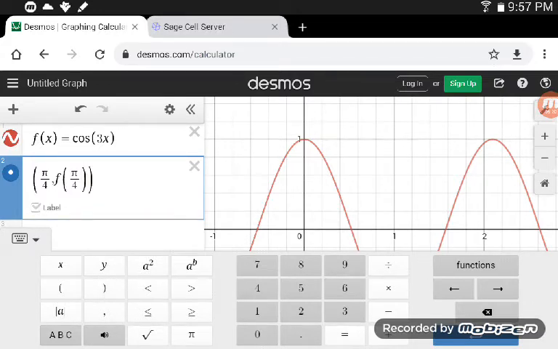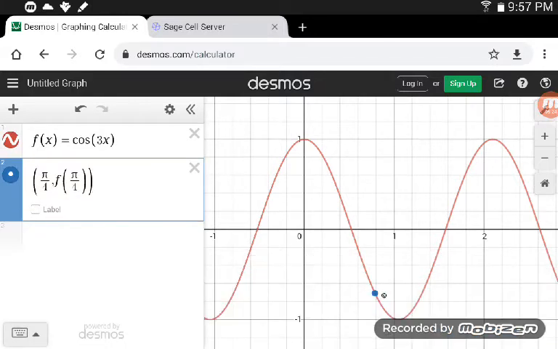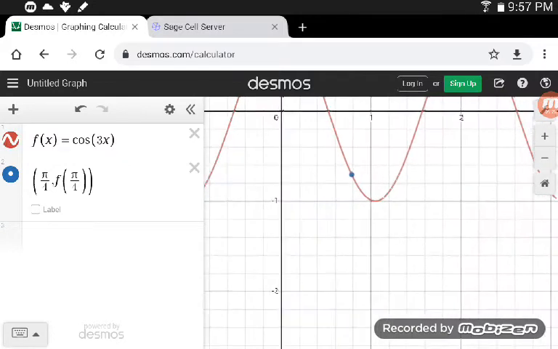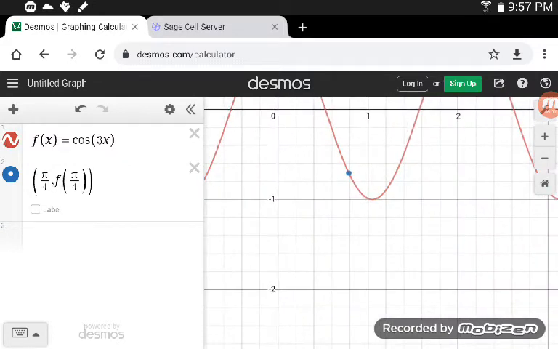And so I should see that if I move this thing, there's the point. We'll move it up here where we can see it even when our keyboard is out. And so there's that.